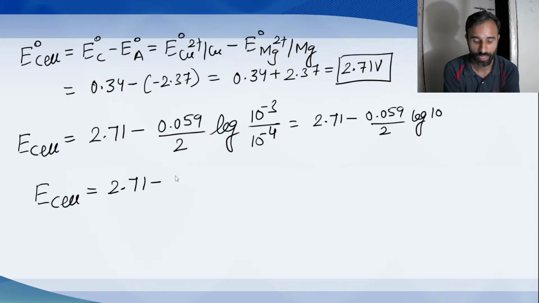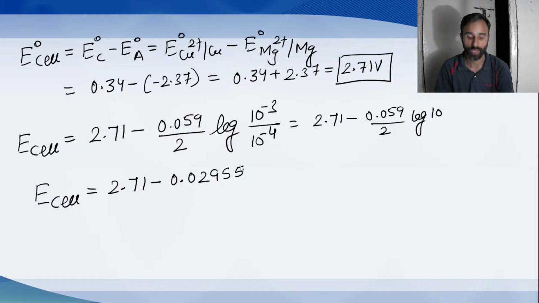So E cell is equal to 2.71 minus 0.02955. Now 2.71 minus 0.02955 comes out to be around 2.68.